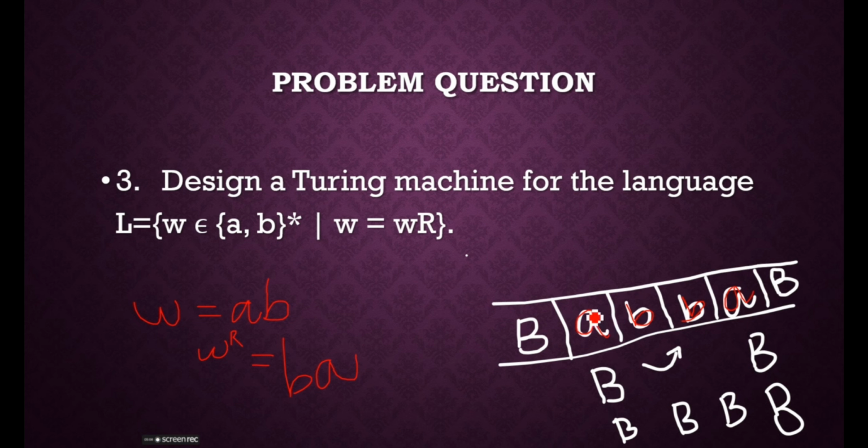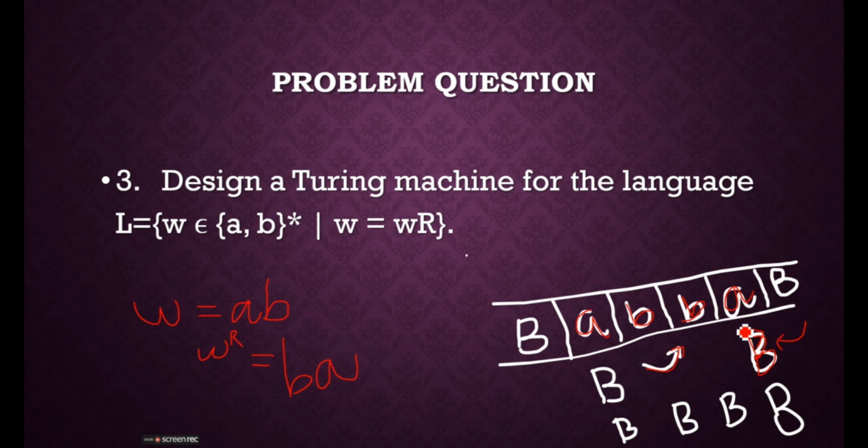First, if we read the input as A, we change it to blank and move to the right side up to the blank. While we read the blank, we move to the left side, and immediately we read the A, so we change it also to blank.